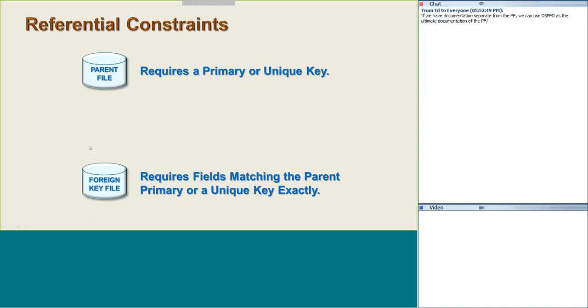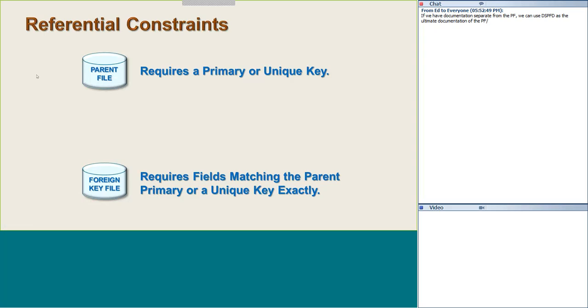They can be anywhere. They can be attributes that are not part of the foreign key file's key. But they must match the parent's primary or unique key exactly in two ways: attribute and sequence. The actual data name of the fields is irrelevant.